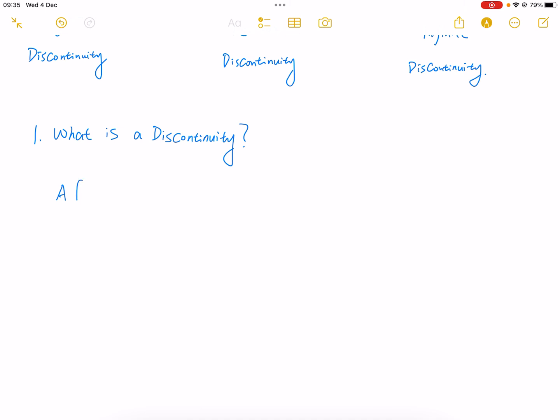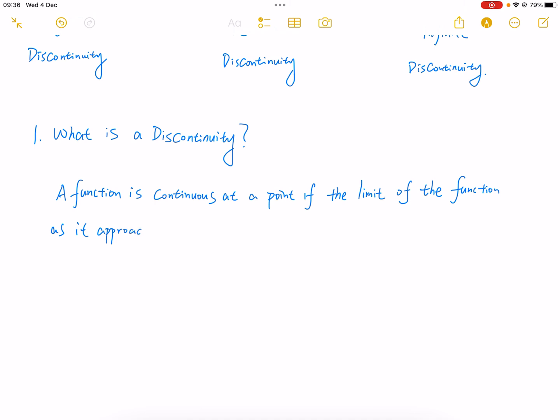So first, a function is continuous at a point if the limit of the function as it approaches that point equals the function's value at the point.